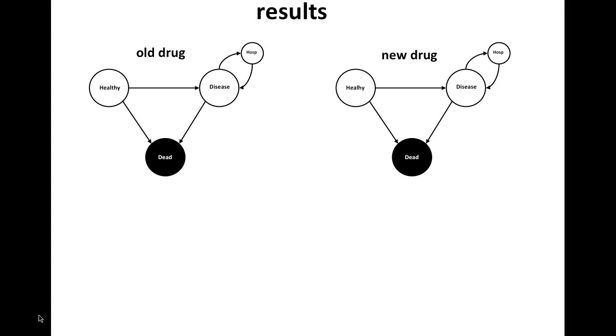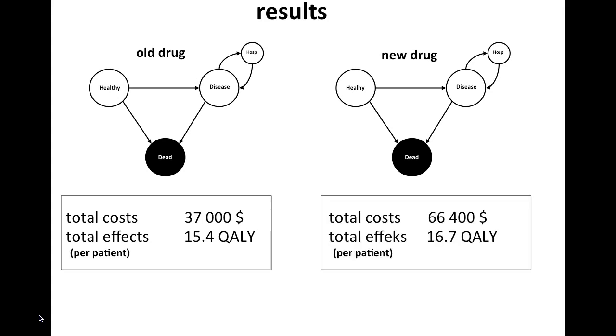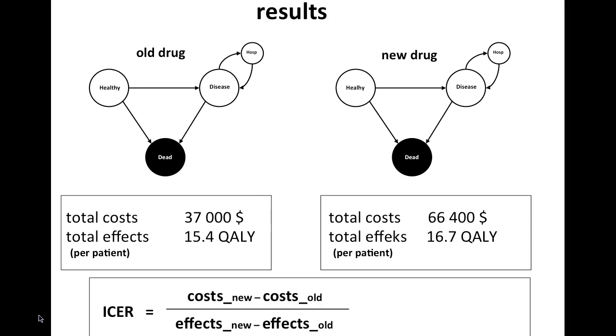Treatment with the old drug resulted in costs of $37,000 and 15.4 QALYs per patient. Treatment with the new drug resulted in costs of $66,400 and 16.7 QALYs, both expressed as average per patient as well. We calculate the ICER, which is the difference in costs between the two drugs divided by the difference in QALYs, which gives an ICER of $22,615 per QALY.